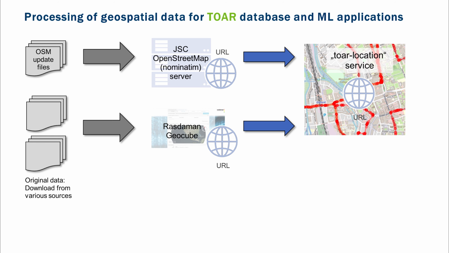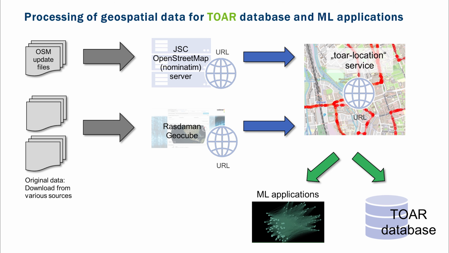Again, this REST URI is queried from the TOAR location service. And then the output of that can be used either in the TOAR database or in the machine learning applications. And of course, we can exploit both the GeoCube directly or the TOAR location service in the machine learning applications, depending on what type of data we need.